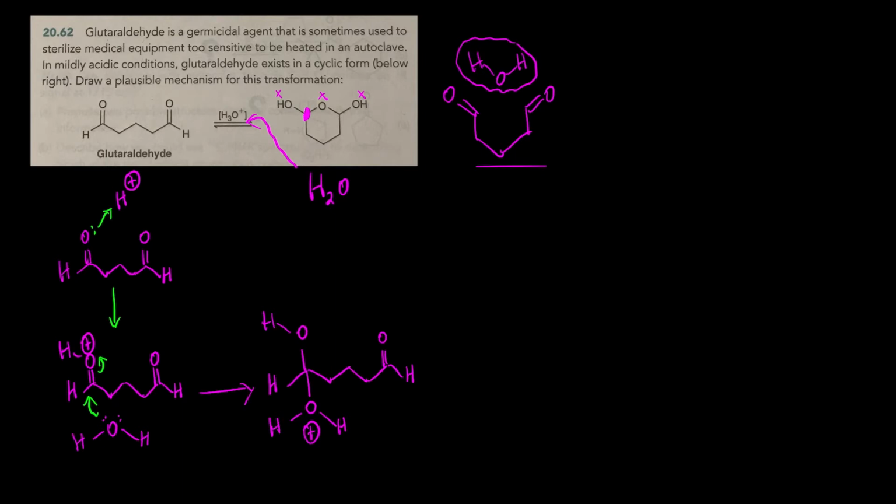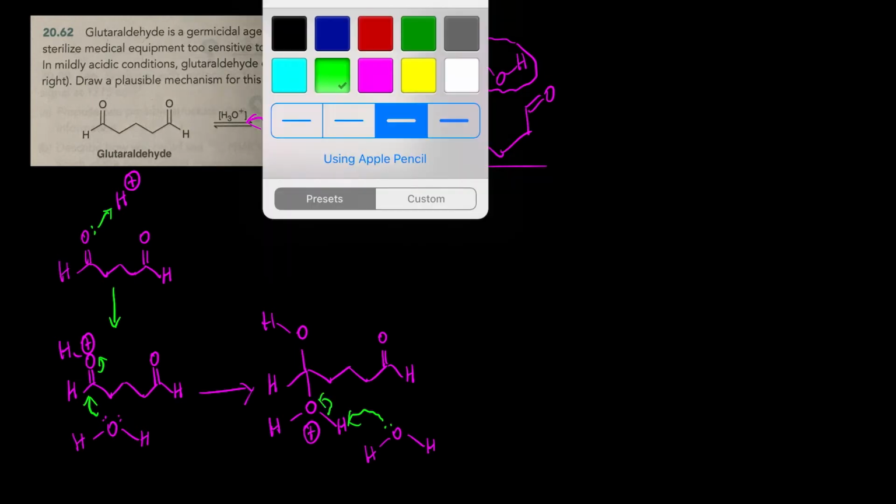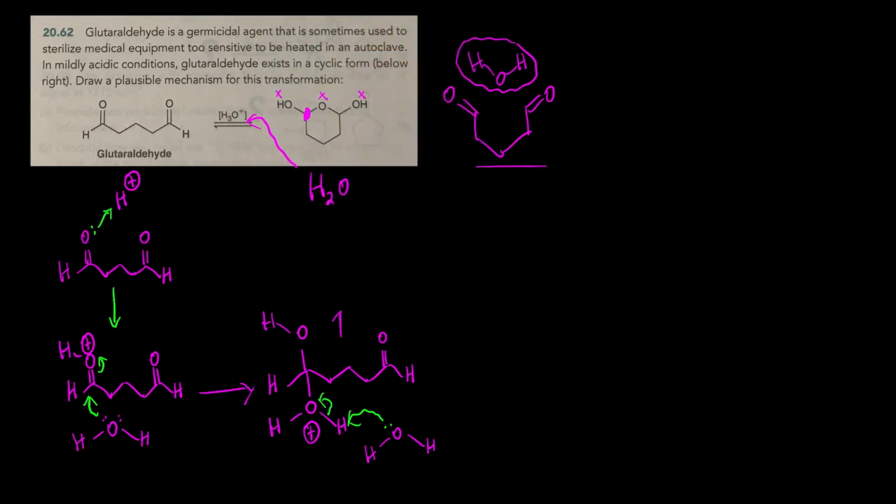Now what we need to do is fool around with some leaving groups and things like this. So you have many different choices at this point of the game. For sure, let's just deprotonate this guy here and make it a neutral molecule. So here, let's go ahead and take water. We've got some lone pairs on this oxygen that could assist in deprotonating this guy here.